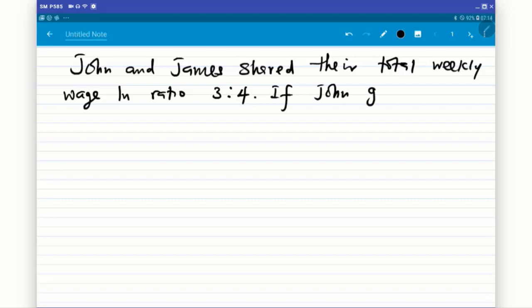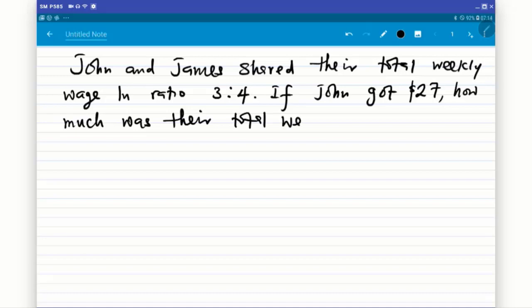If John got $27, how much was their total weekly wage? Can I see that? So John and James shared their total weekly wage in ratio 3 to 4. So if John got $27, how much was their total weekly wage?